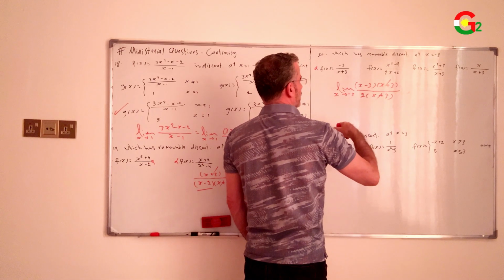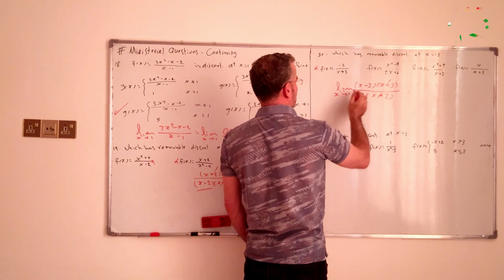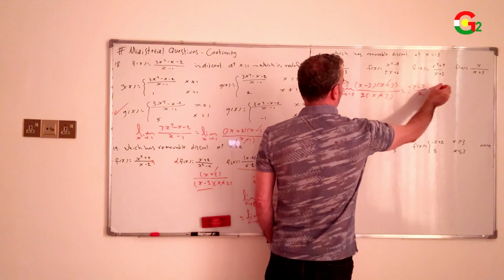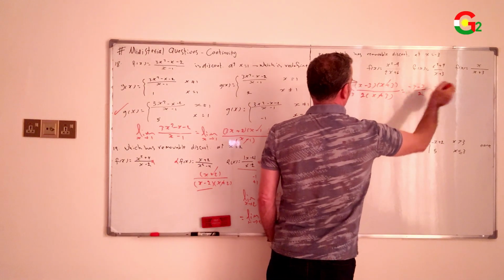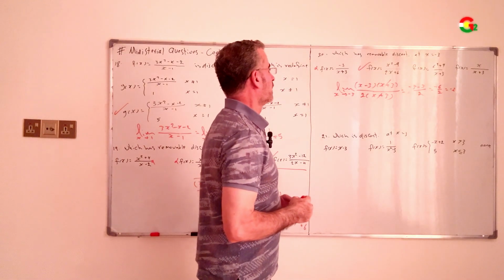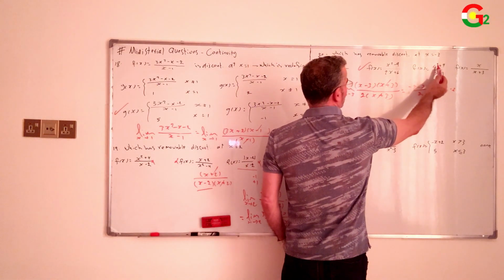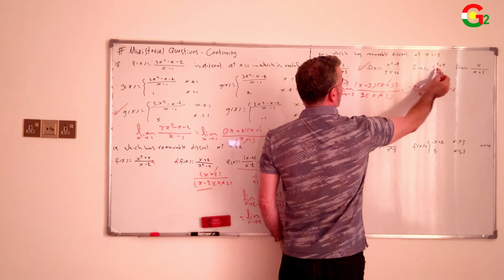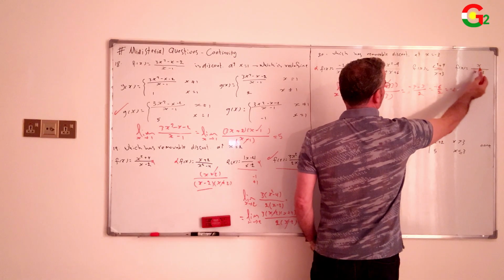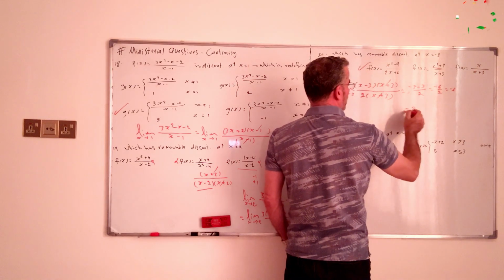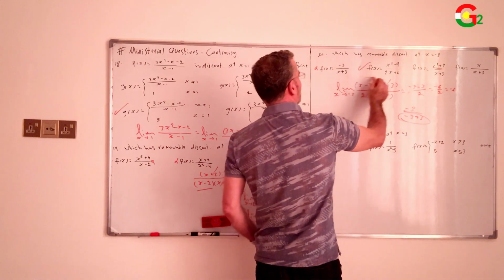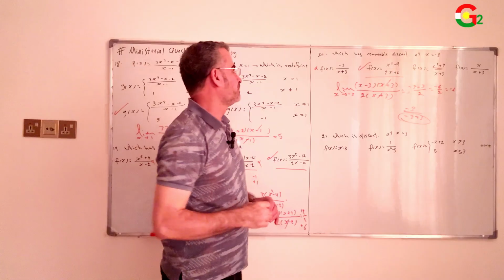Reduce x plus 3 with x plus 3, substitute every x with negative 3, the answer will be negative 6 over 2 equal to negative 3. Therefore, this function has removable discontinuity at negative 3. For this function, we cannot factorize the numerator because we have addition of 2 squares. And for the last one, if we substitute every x with negative 3, then we have the denominator 0 and undefined term. The right choice is B.